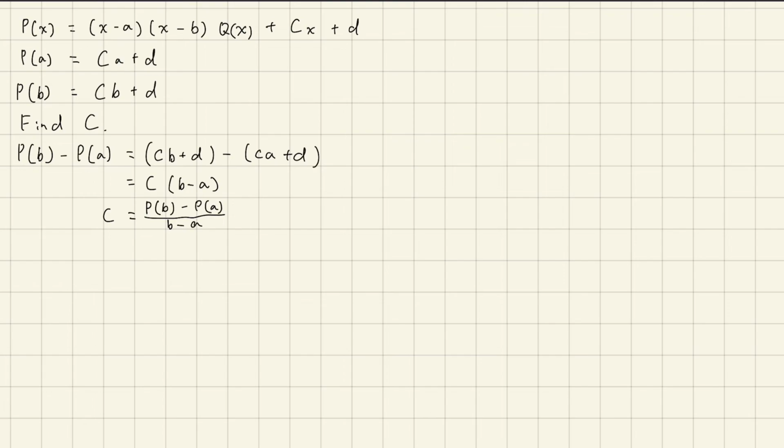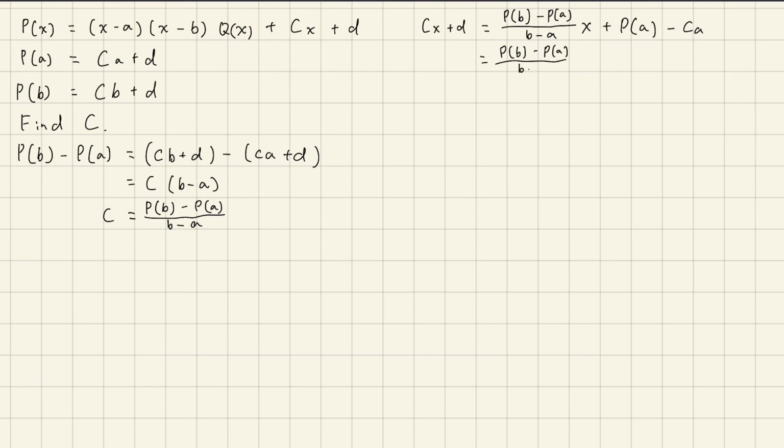Next, we'll substitute the c value into the equation of cx plus d so that we can find the equation for the remainder. Substituting this will be equal to p of b minus p of a over b minus a times x plus p of a minus ca, since d is equal to p of a minus ca.